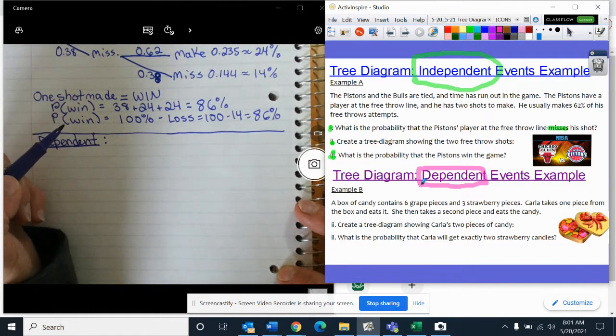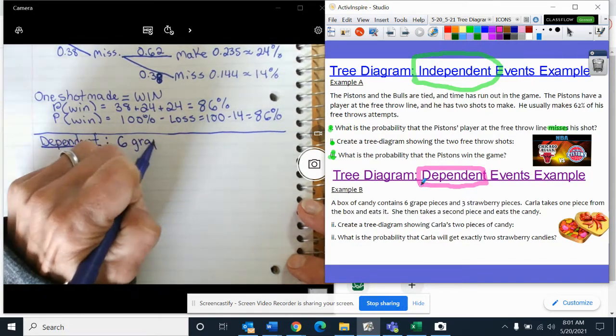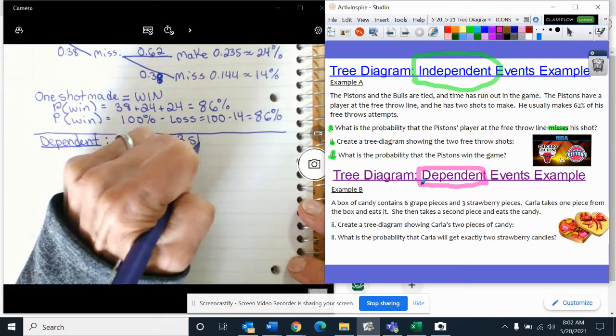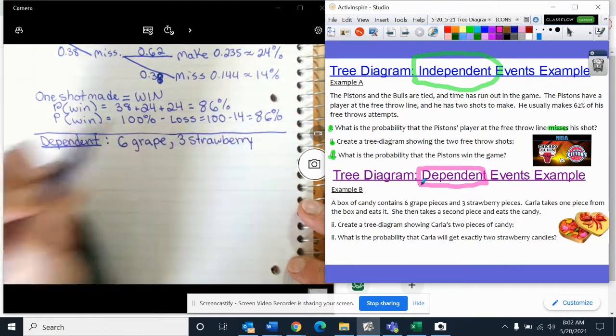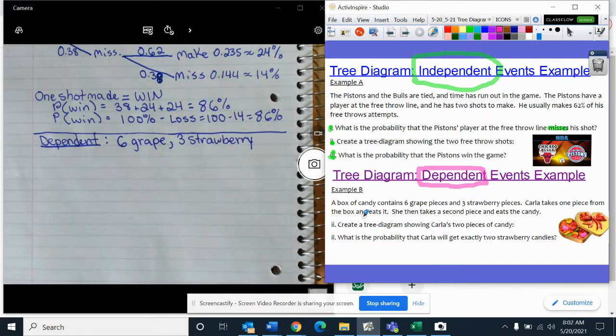So we have 6 grape and 3 strawberry pieces of candy. And Carla takes one piece from the box and she does something very important.